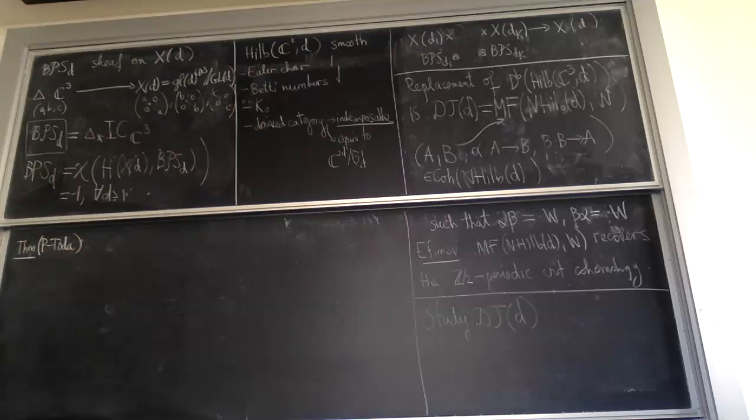Some kind of category with which you circle some space, and then push forward to a normal space. And then you have something about the push forward of that sheaf.